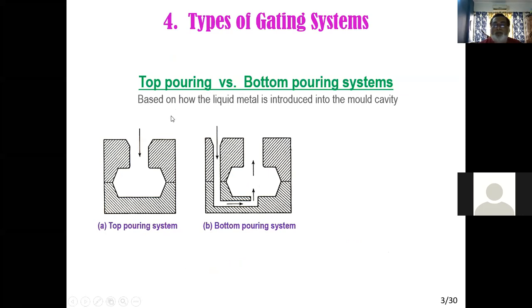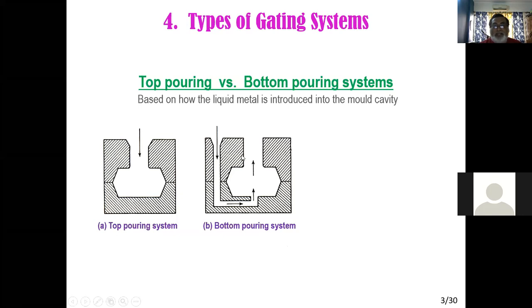Previously, we classified different pouring systems: one is called a vertical pour, one is horizontal pour, etc. In this case, we are talking about how the liquid metal enters the mold cavity. So top pouring means liquid metal is poured directly into the mold cavity, and bottom pouring means we are entering the liquid metal through the gating system from the bottom of the casting, so from the bottom of the mold cavity.